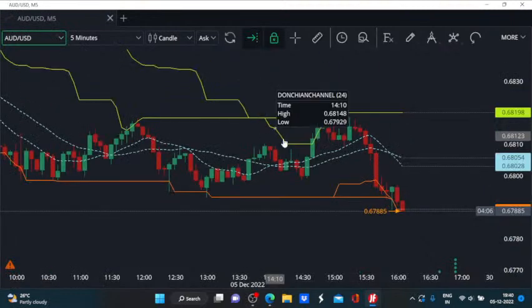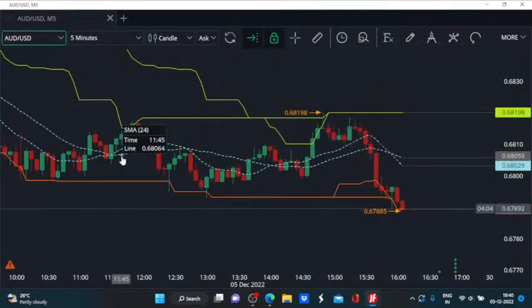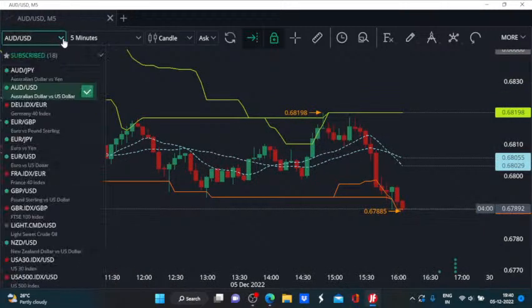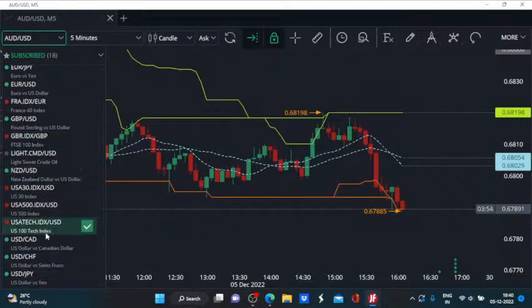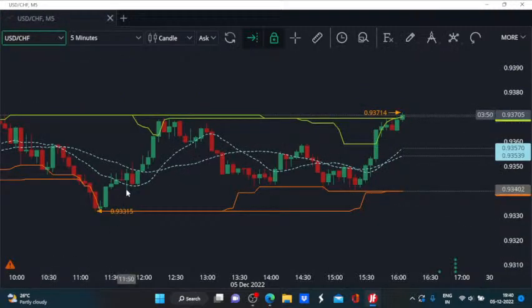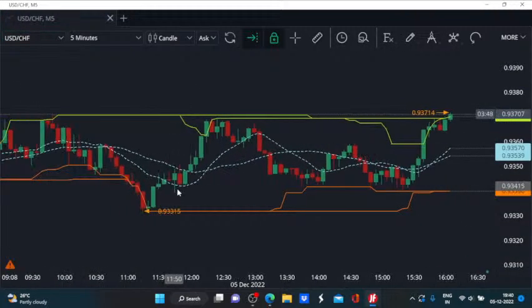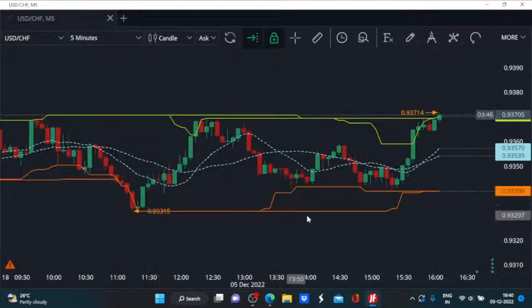Now coming to the AUD USD charting, it is leading in comparison to most other currencies, and it is having a stronger bearish momentum. Coming to the USD CHF, it is also more in line with the currencies like AUD USD, USD CAD, and NZD USD, it is rather weaker.